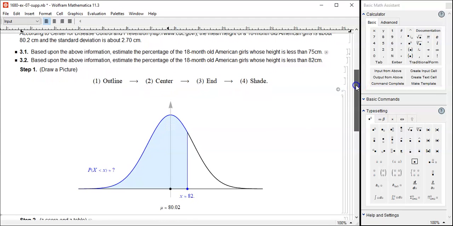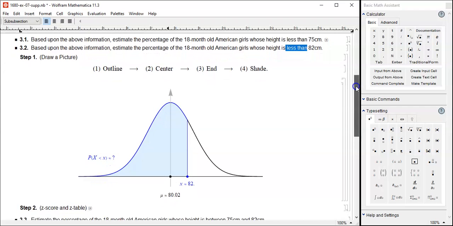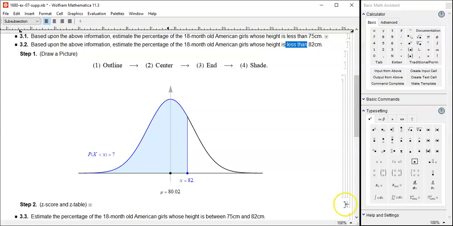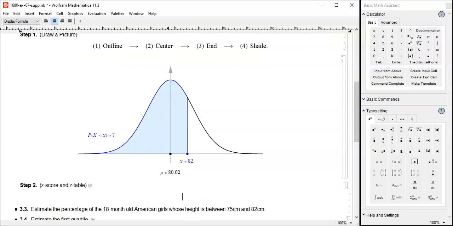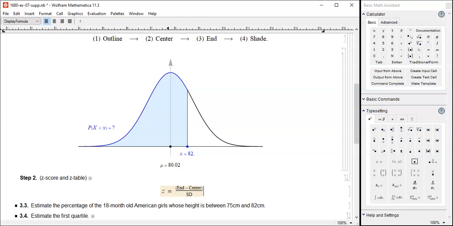Again, the problem is about less than, so we have left-hand side shading. If you have more than, the shading should be on the right-hand side. In this problem, I'm using less than again, less than 82 centimeters. Then let's do the z-score computation as before. z is equal to end minus center over SD.